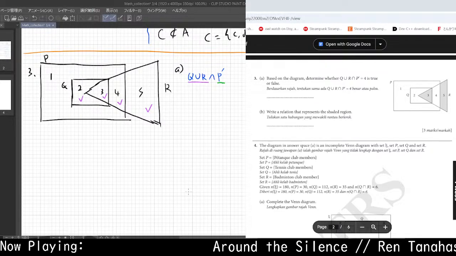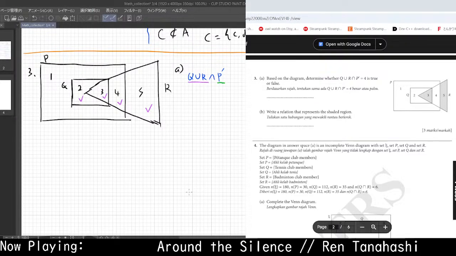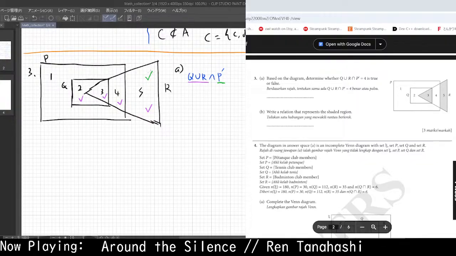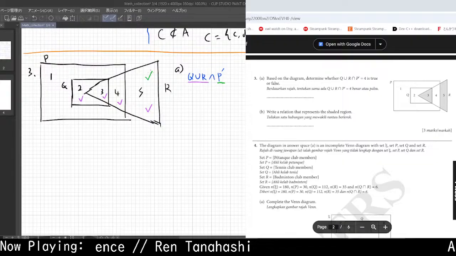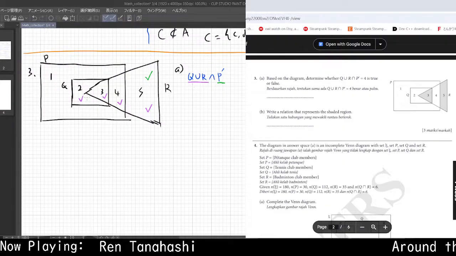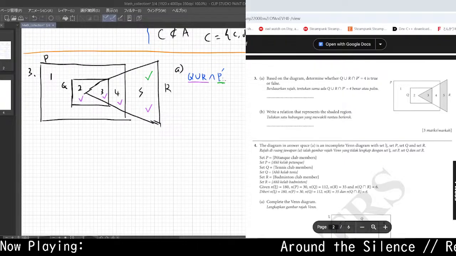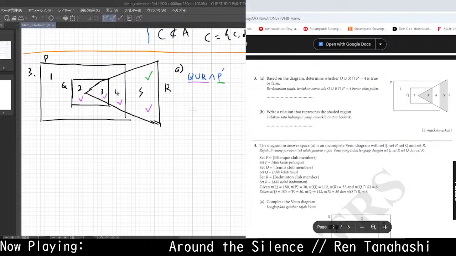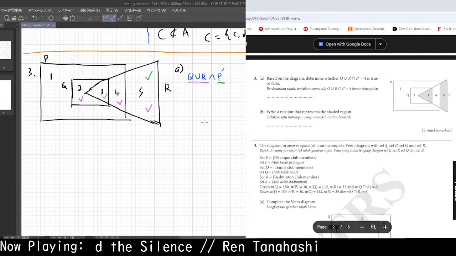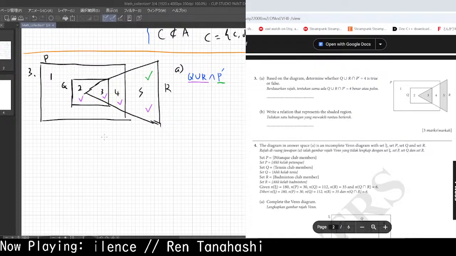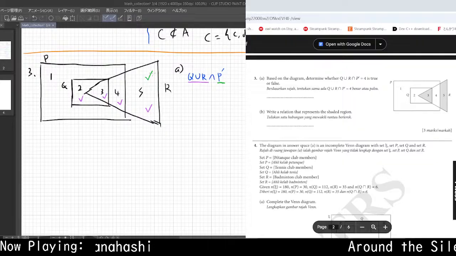Therefore, the only portion that is outside of the large rectangle is this part over here, which happens to be in R. So our purple is Q union R, and our P prime is this singular portion with the green tick inside it, because it's outside of the entire large rectangle. To overlap these two things means we want to select the portions where you have both colors, so both purple and green in this case.